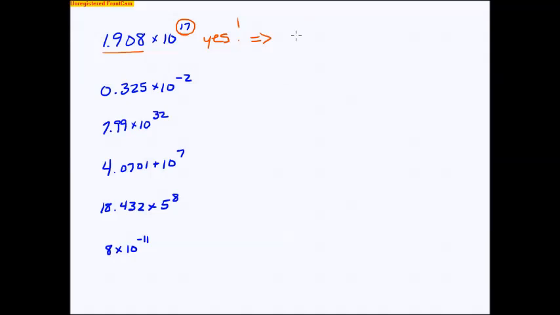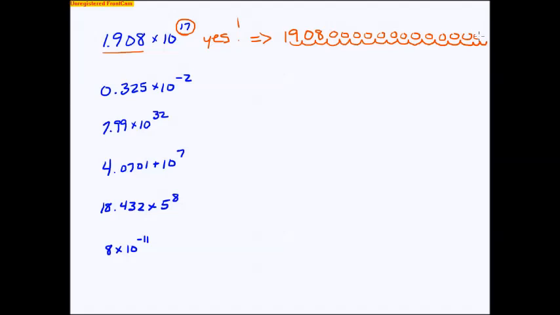If I was going to convert that number to standard notation, the decimal started here, I would count 1, 2, 3, and then 4, 5, 6, 7, 8, 9, 10, 11, 12, 13, 14, 15, 16, 17 places. So I've got to fill in all of those zeros to take those place values.